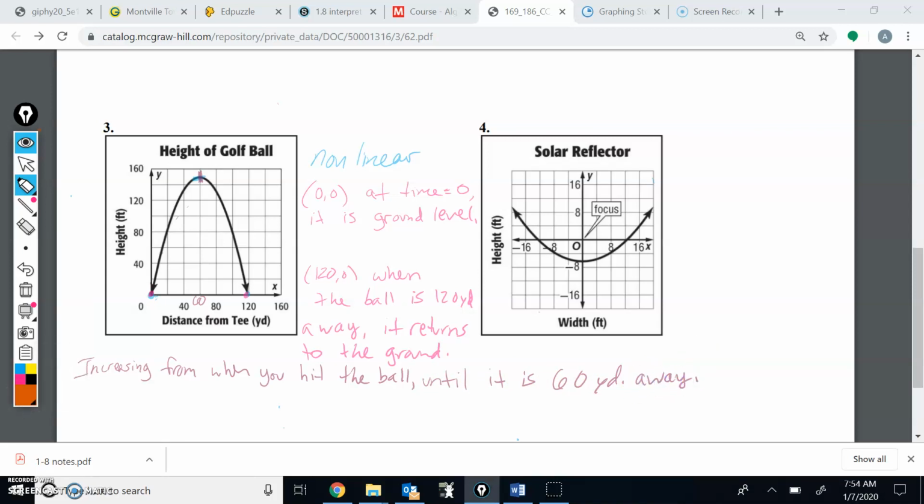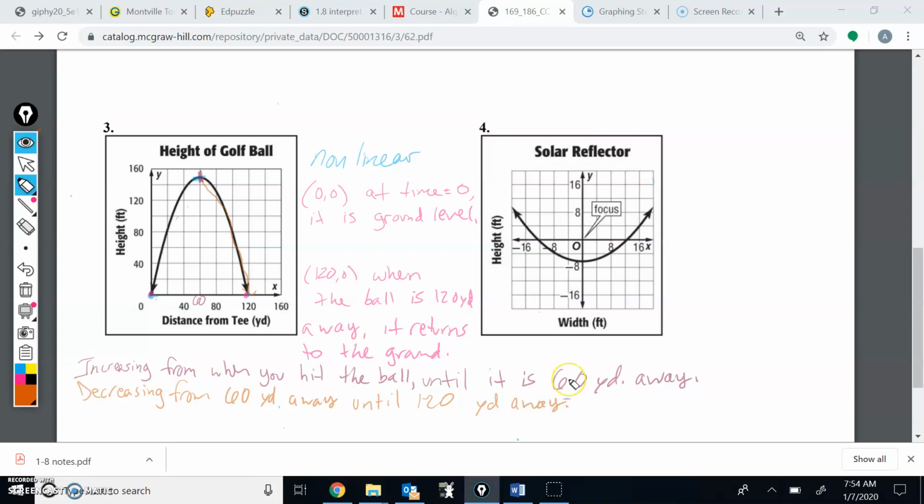Then it's decreasing from 60 yards away all the way until it hits the ground, until it reaches 120 yards away.